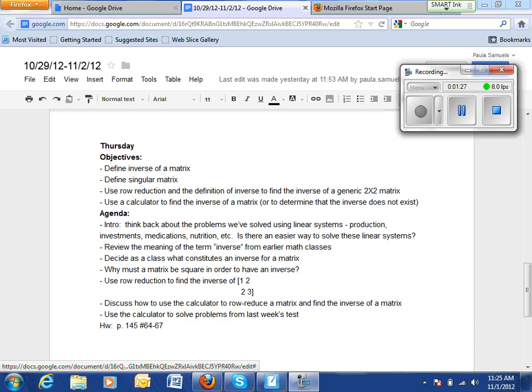What would you tell me? -3. Very good. And could you explain what it is about -3 that makes it the additive inverse of the number 3? Because when you add it to 3, you get 0. And 0 has what special name or what special property in the world of real numbers?